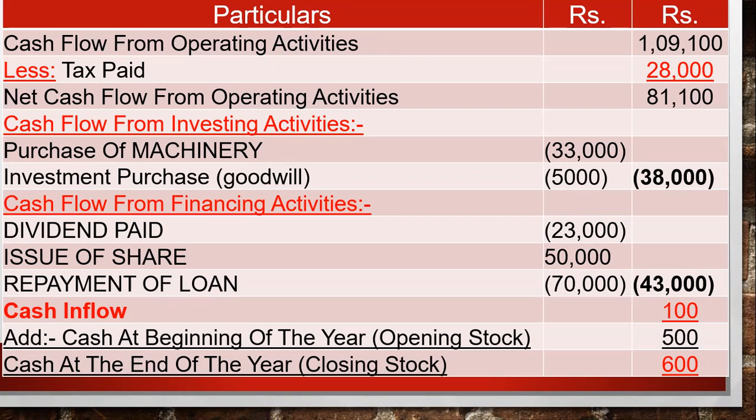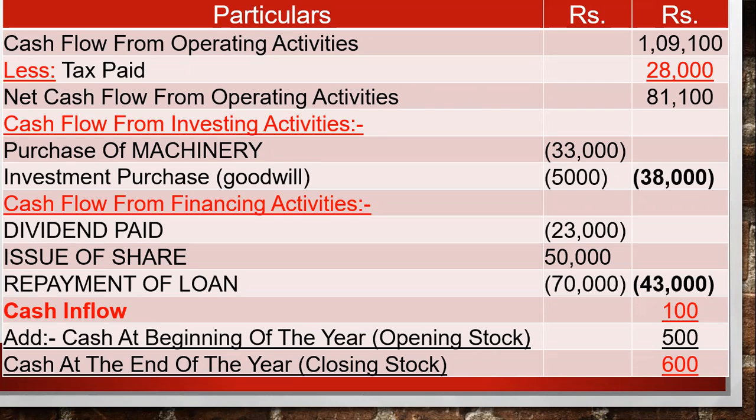Clear? 1,09,100 is your operating activity income, that is your business income. After business income earning, you have to pay the tax to the government. Tax is 28,000 rupees, so you have to deduct it. You will get your net cash flow from operating activity, 81,100 rupees.